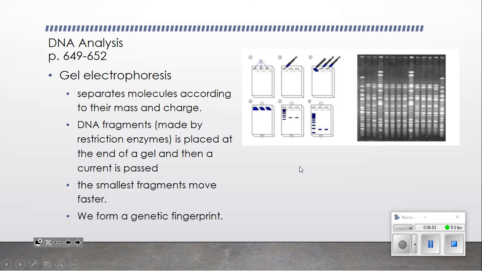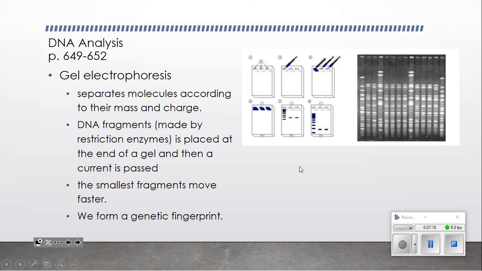Essentially, what we do in gel electrophoresis is we're trying to take pieces of DNA and separate them. So there's a little picture here that's trying to illustrate the steps. The first picture shows you a rectangle. What it really is, is like a plastic container with what looks like clear jello inside of it.